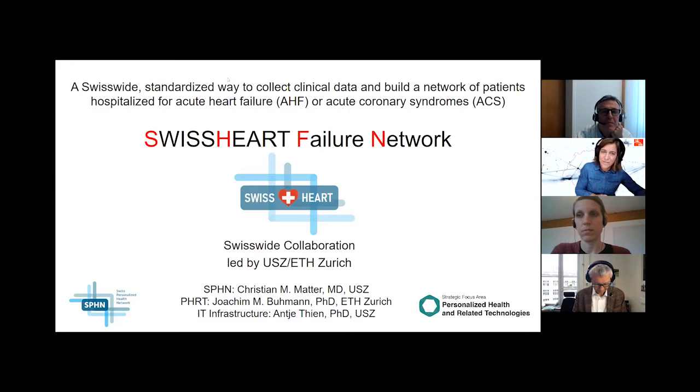And in the SPHN funded part of this project, a Swiss-wide standardized data infrastructure focusing on typical cardiovascular patients is being built. So this is the Swiss Heart Failure Registry. In the PHRT part of the project, multidimensional features from these patient data will be integrated into machine learning-based approaches. We are now very curious to hear about the progress of this project.